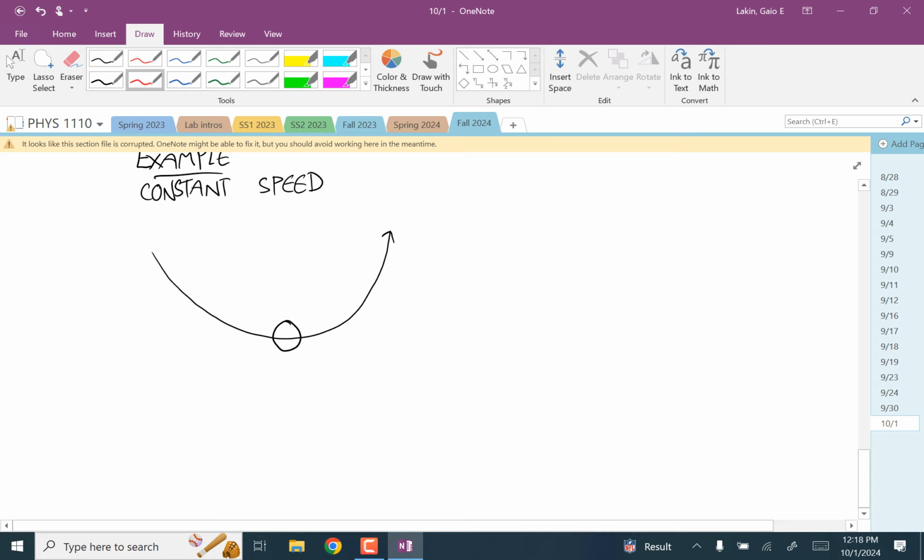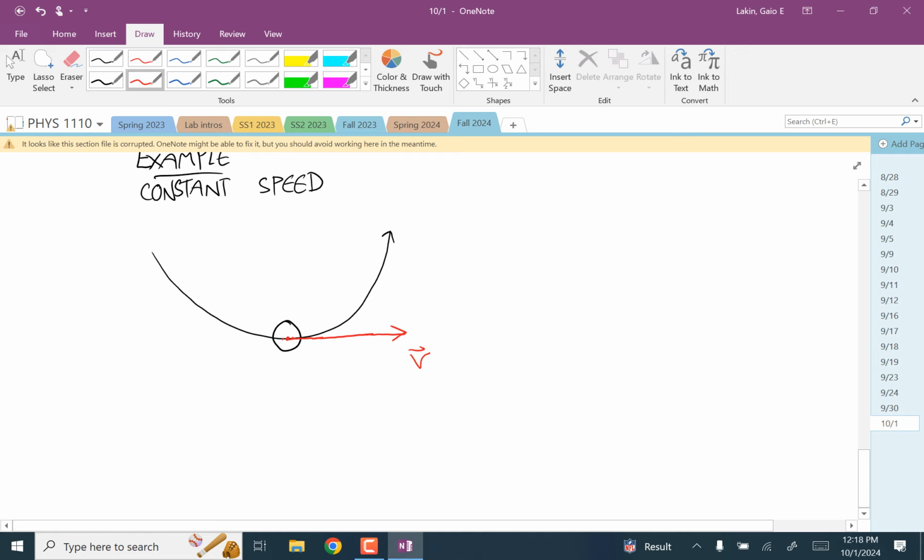Well, the velocity is tangent to the path in the direction of motion, so this is the velocity vector. Is the speed changing? No. It's a constant speed, so I'm not going to draw any A parallel.